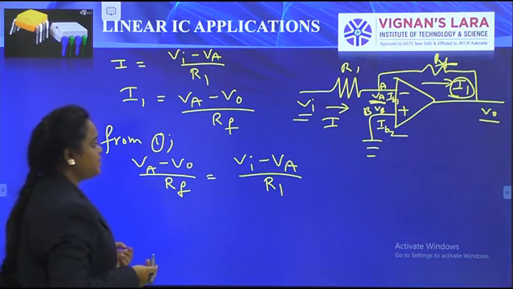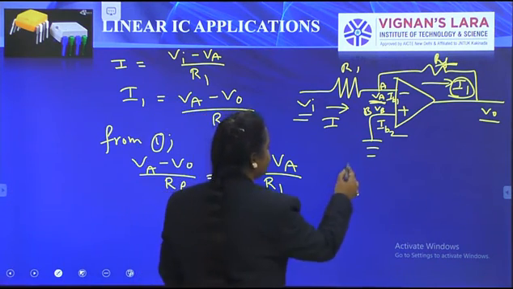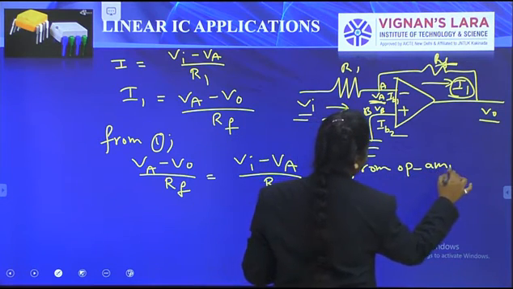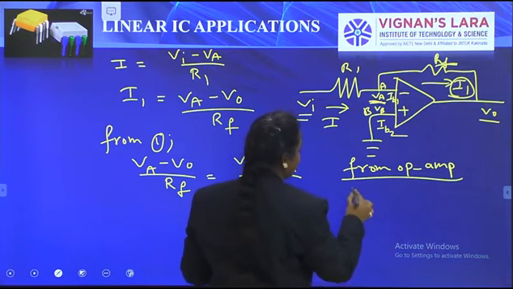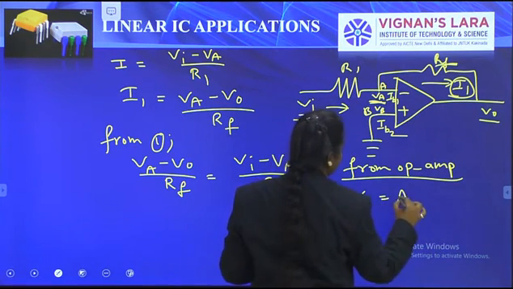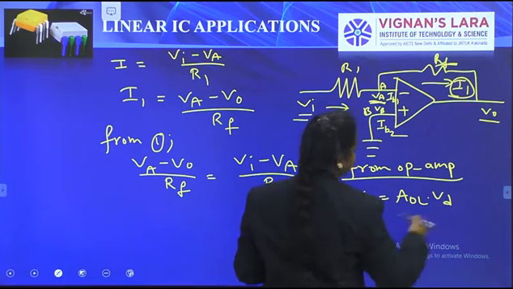Then from the op amp we have the formula V0 is equal to AOL into VD.